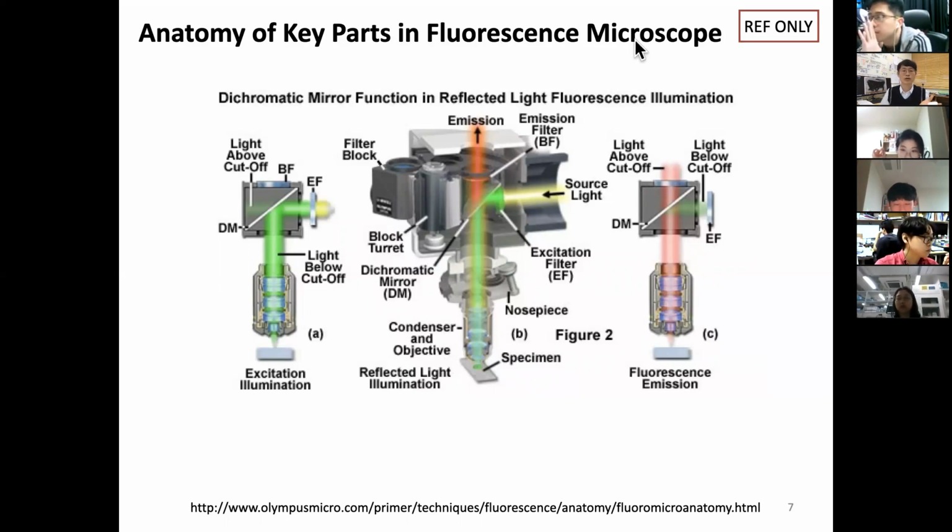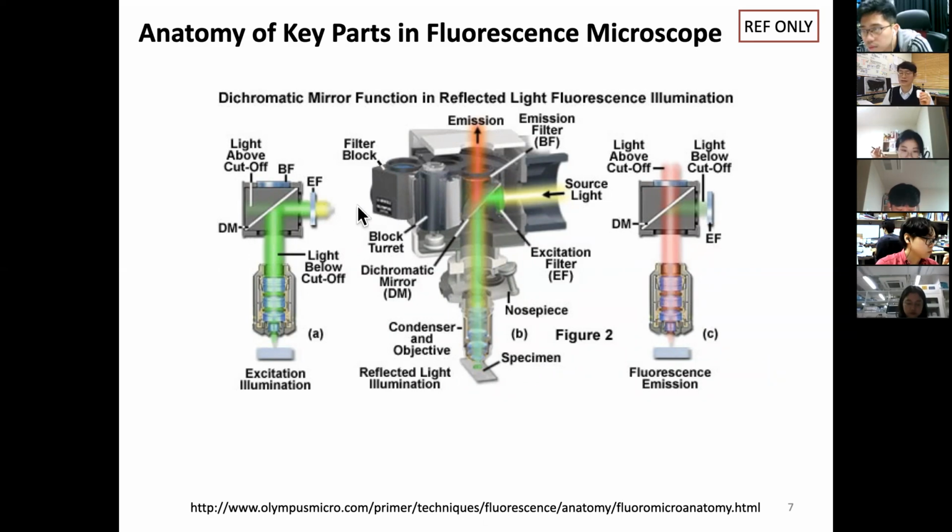Now you know how to make a fluorescence microscope, the key component of filter cube, but that filter cube can be a little bit different in different kinds of microscopes. So here I have an example showing the emission light and excitation light. So the dichroic mirror works as a mirror.